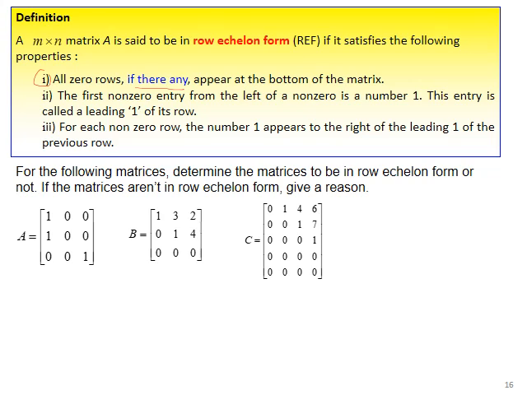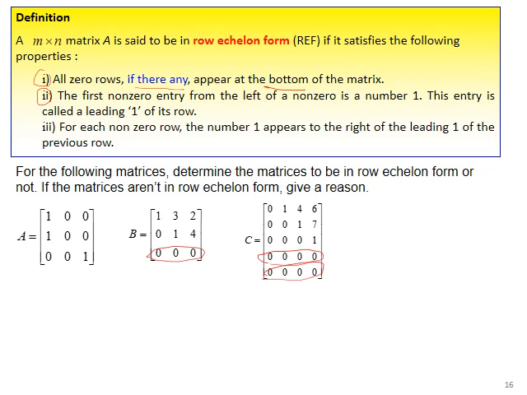The 0 rows are supposed to appear at the bottom. As an example, you see here, this is a 0 row, appearing at the bottom. This is a 0 row, appearing at the bottom. You see here? The second condition: the first non-zero entry from the left in a non-zero row is the number 1. This entry is called the leading 1.